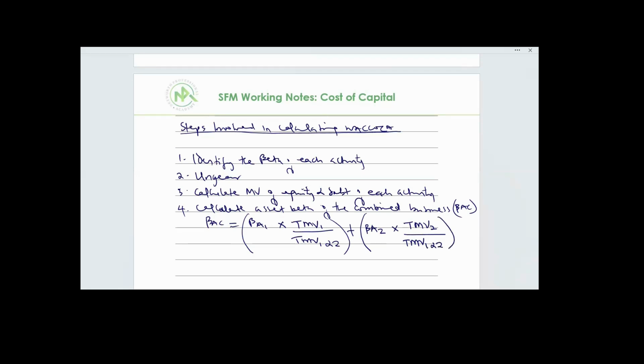So this is the formula we are going to use to calculate the combined asset beta.